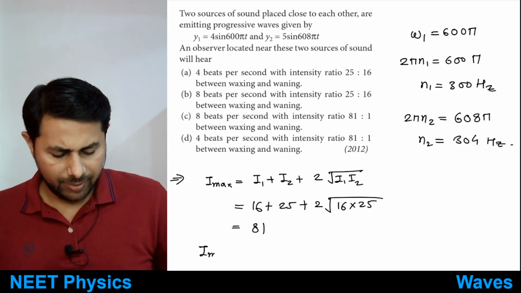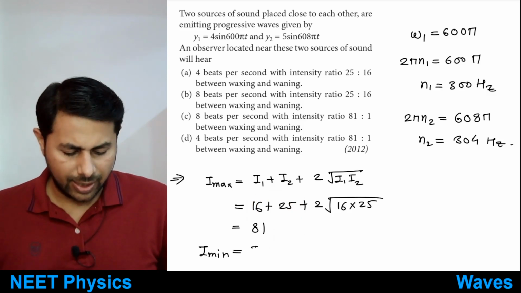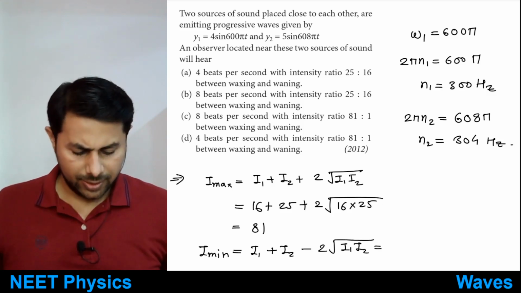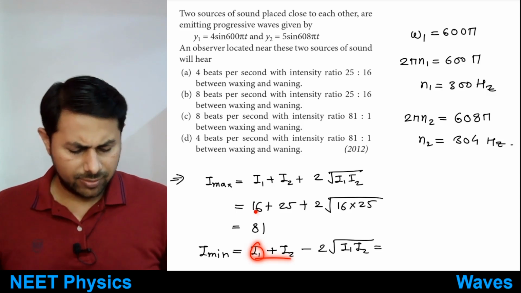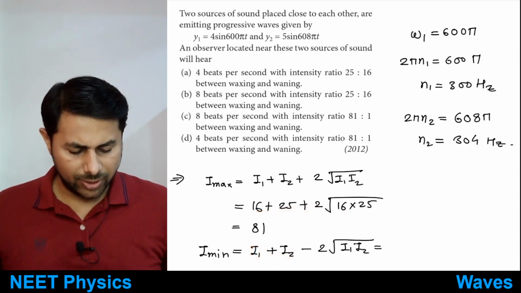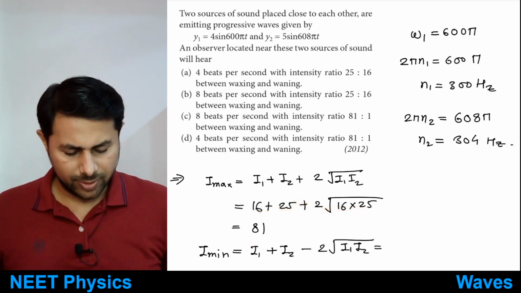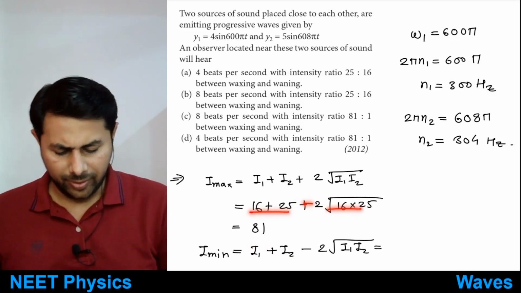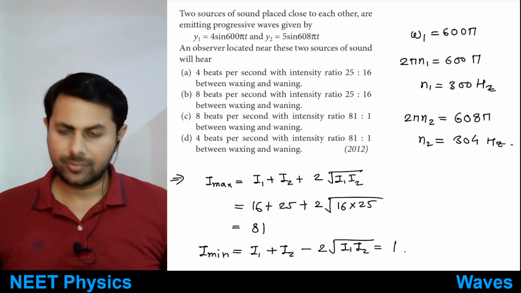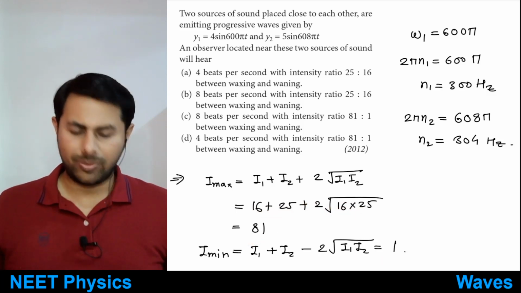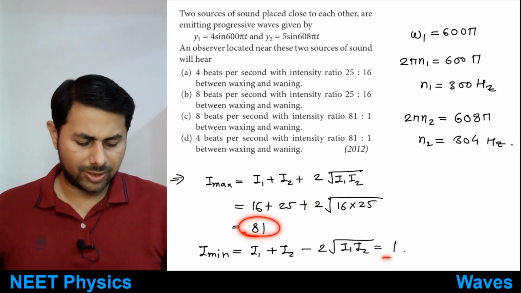And I min is equal to I1 plus I2 minus 2 square root of I1 I2. The calculation is the same as this one, but there would be one negative sign here. So 41 minus 40 is equal to 1. So the ratio of intensities would be equal to 81:1.